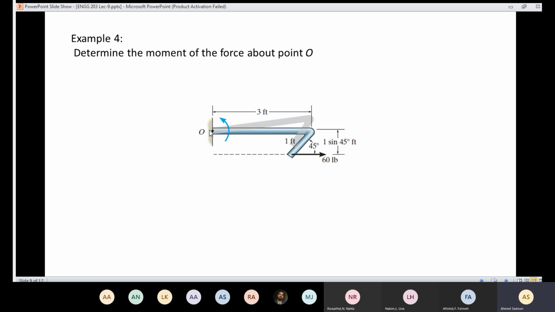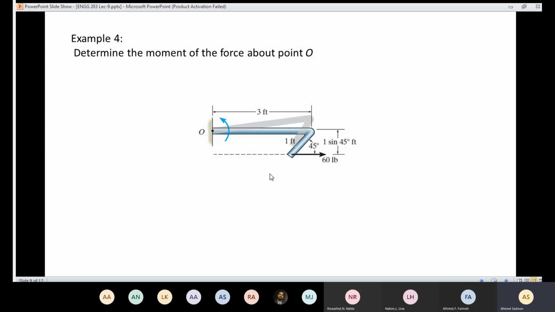It means that the distance from here to here is D, so I need that distance. So if this angle and this angle are 45, that means the distance here is 1 multiplied by sine 45 to get this distance here.